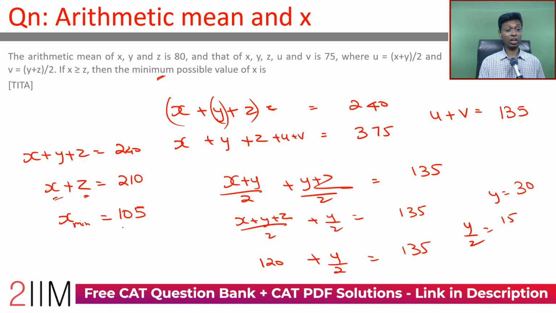The best case scenario is when X is equal to Z. When X is equal to Z, X will be 105 and Z will be 105. Y is 30, U and V we can find all this. So the minimum value of X is 105.